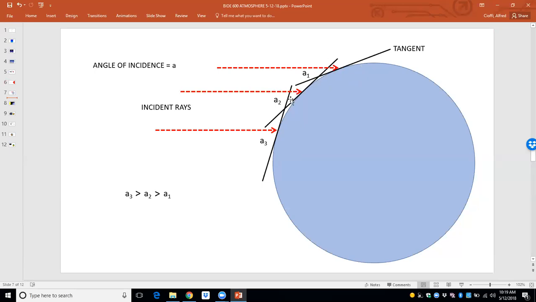As we move closer toward the equator, which would be here at the middle, right? As we move closer to the equator, does the angle of incidence become smaller or larger? Larger, you see, because the tangent now is rotating, if you will.